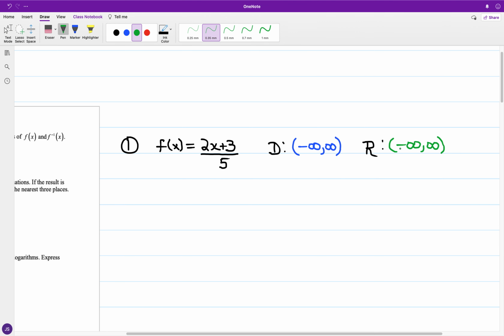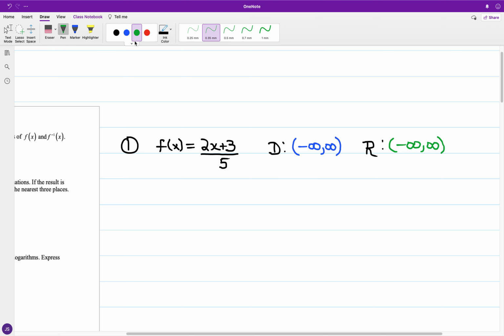And before even determining the inverse, what we're going to have for the inverse in x would be what is in y for the original function, and vice versa. So the domains and the ranges will be all real numbers.